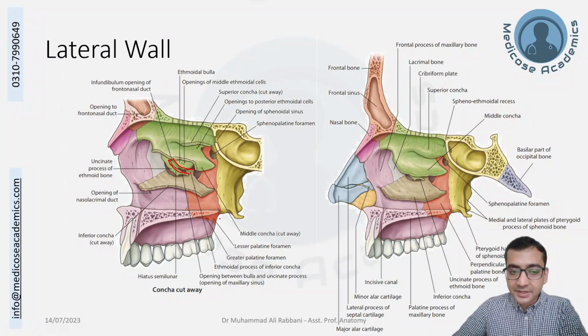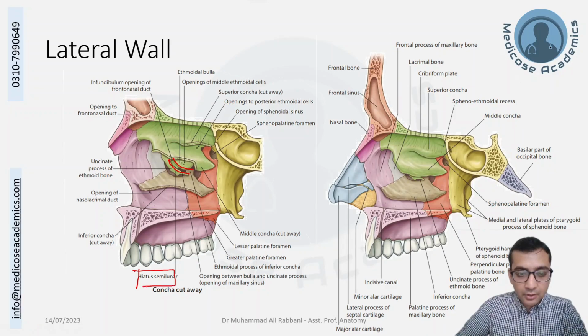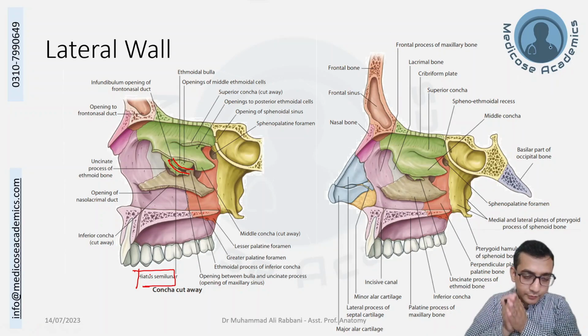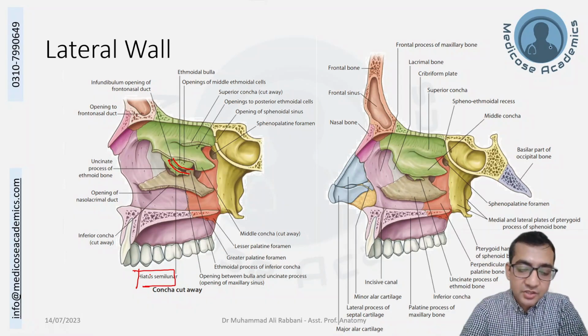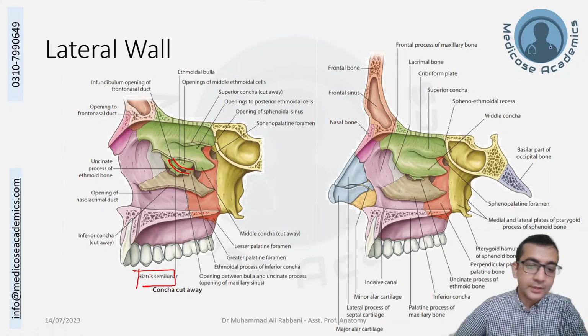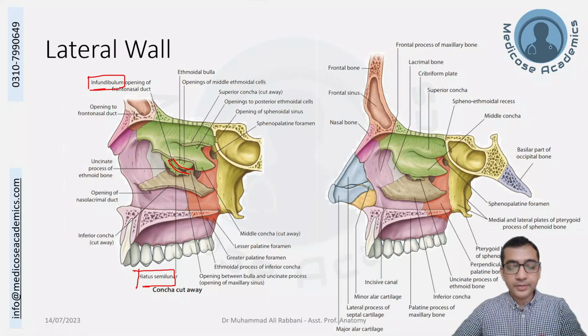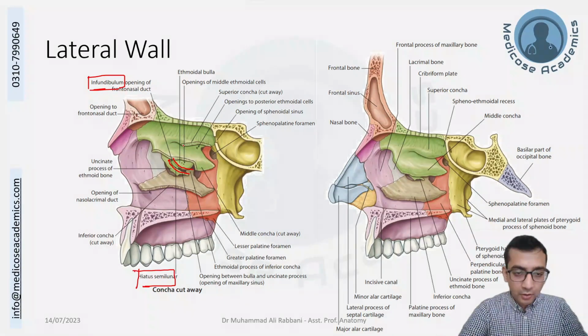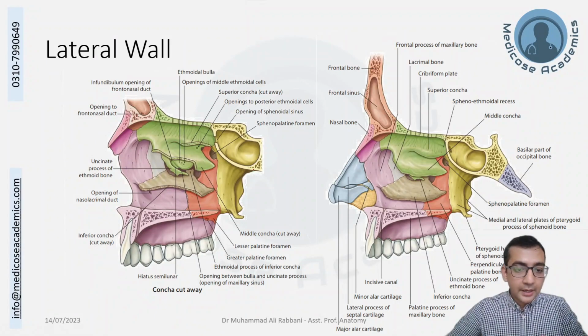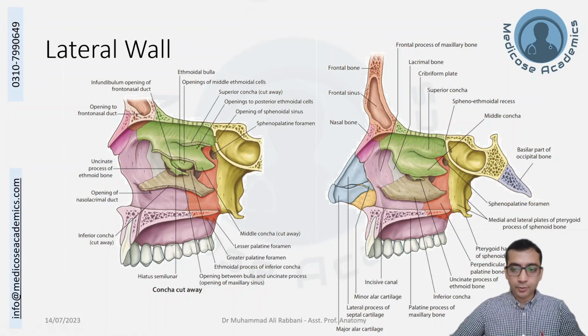This two-dimensional space, this is hiatus semilunaris. And if we move through the hiatus semilunaris to the space deeper to it, that is known as infundibulum, and infundibulum is between the orbital plate of the ethmoid bone and the uncinate process.